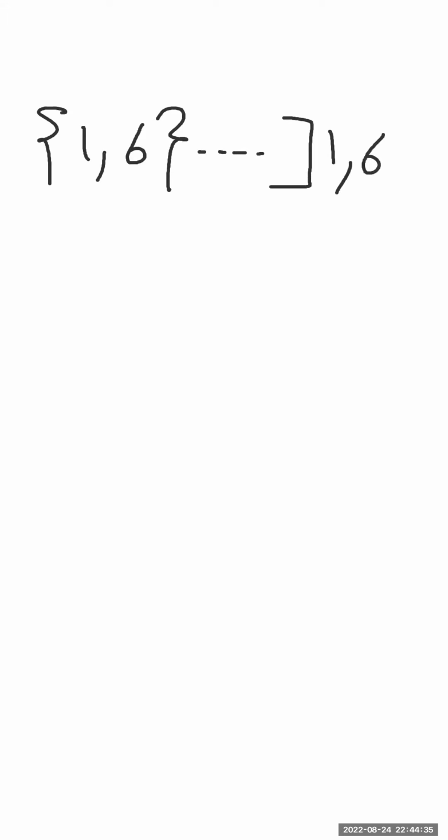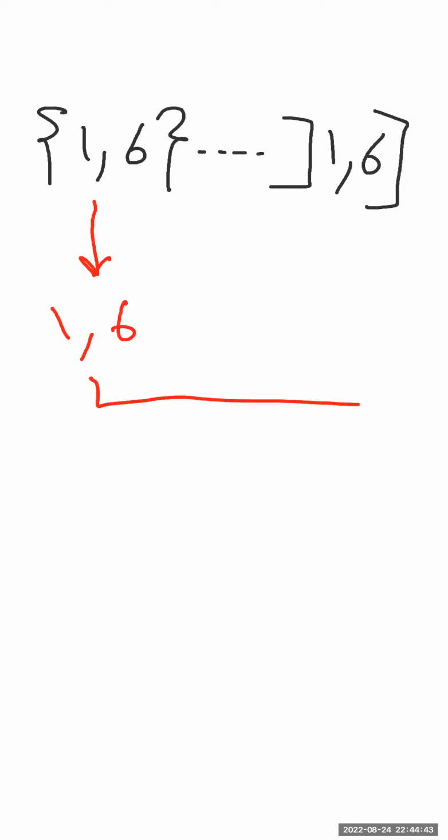I don't understand the last bit, 1 and 6, the last example. The set of 1 and 6, and the interval of 1 and 6. Now, this set consists of 2 elements, 1 and 6. So we have to check if these elements are here or not. 6, yes, we have 6 because it's closed from the side of 6.